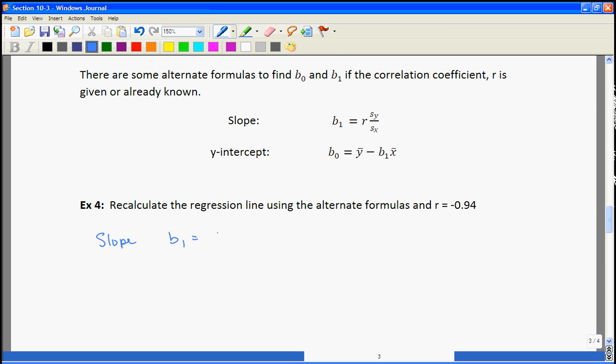So b1 equals R. Well, we found that before, negative 0.94. This s sub y and s sub x, this represents the standard deviation of the y values, whereas this one represents the standard deviation of the x values.